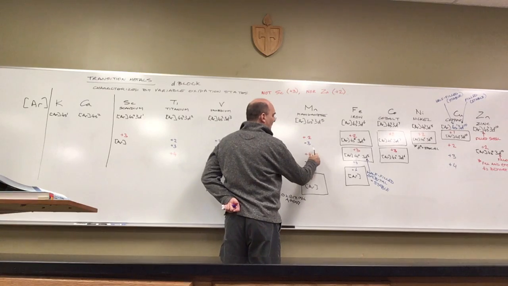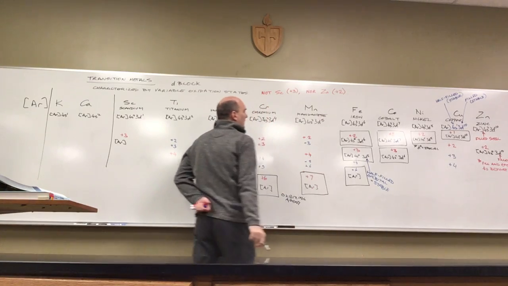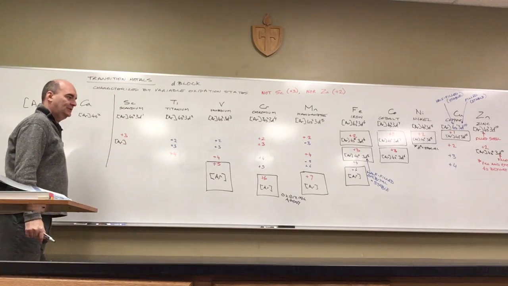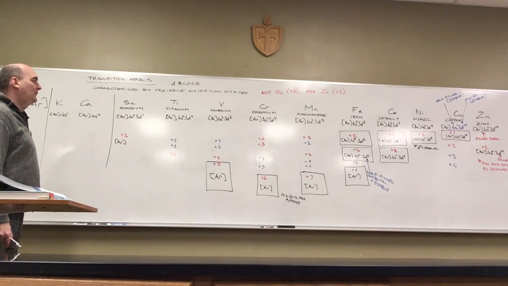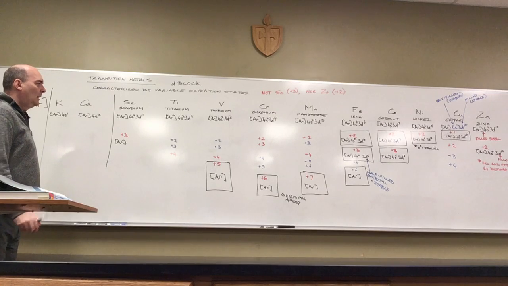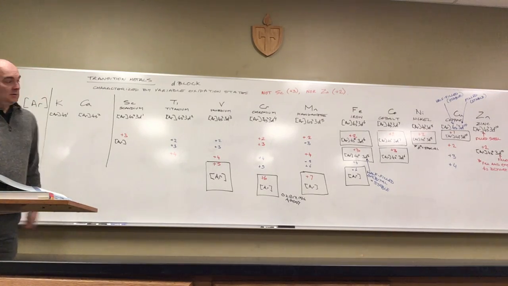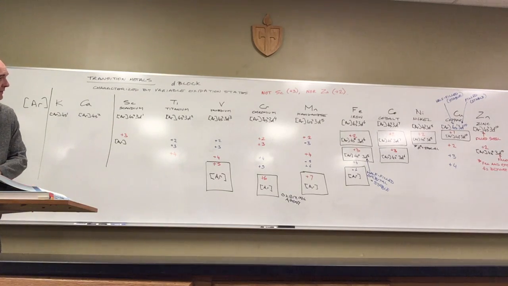This one is as well. MnO4 2- is used as a milder oxidizing agent. Doesn't do all the tricks that MnO4 minus does.